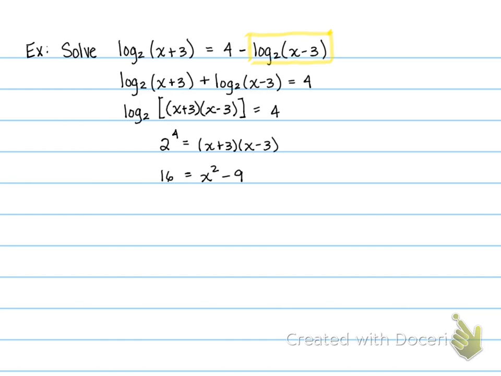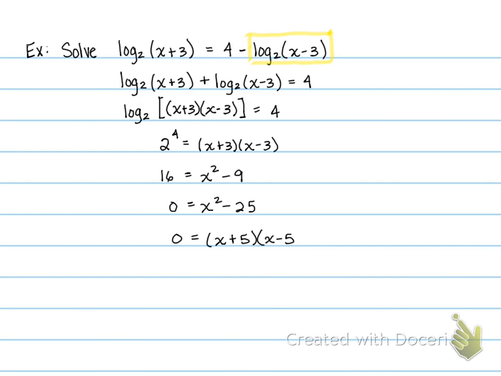And then there's 2 routes I could take for solving this. We could subtract 16 from both sides to get 0 on one side, which is typically what I do for any quadratic equation. And then I see that x squared minus 25 is factorable. So we would go x plus 5 times x minus 5.